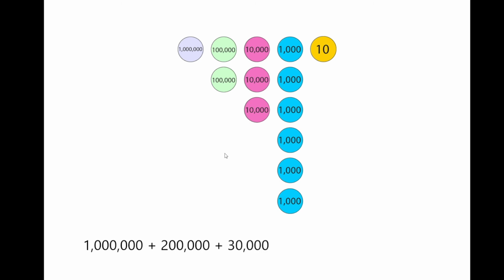What have we got here? 6,000. What have we got here? 10. Put them all together and name it, please. 1,236,010.